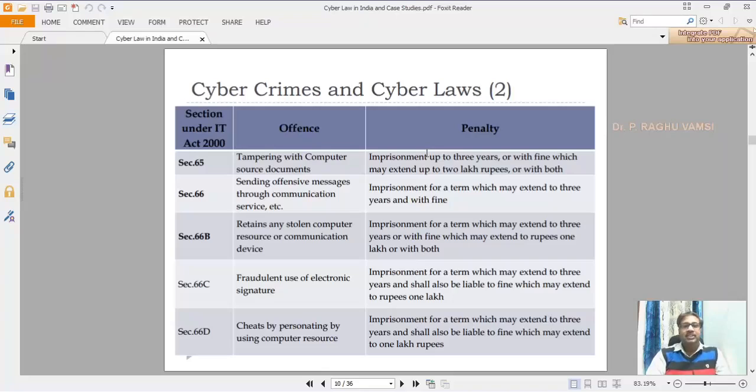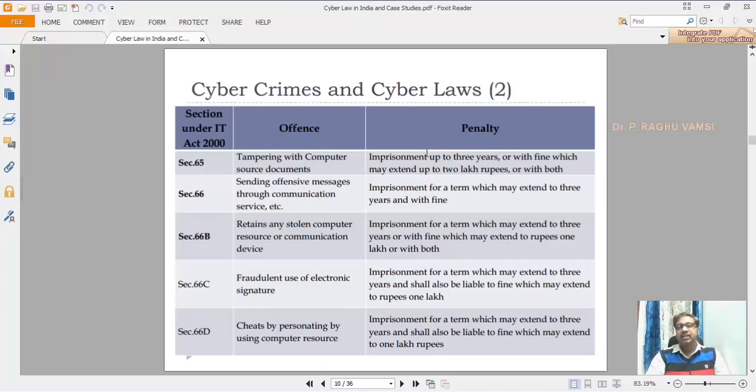So 66B is retaining any stolen computer resources or communication devices. Stolen means here it's a kind of robbery.